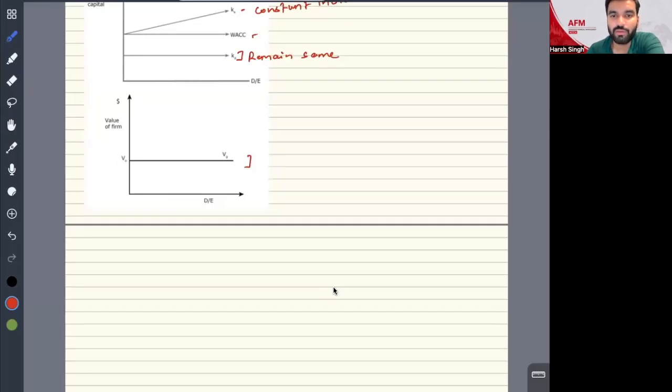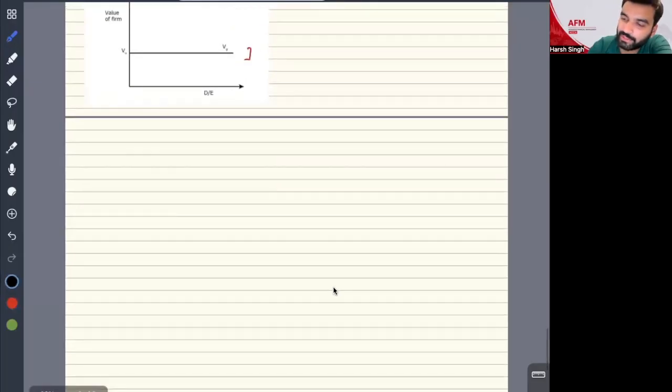Okay, now there are certain other theories. Let's talk about that. First theory is called the static trade-off theory, which is something that we just talked about.